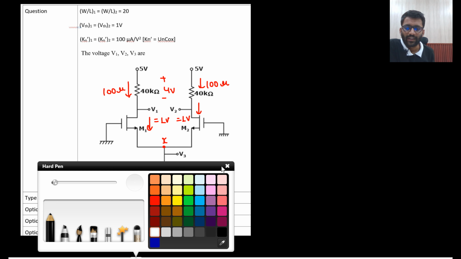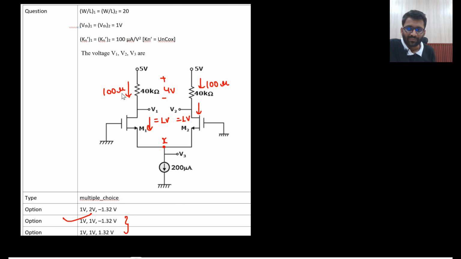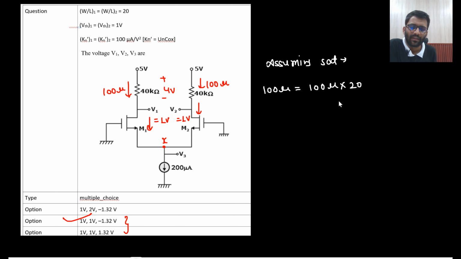Basically, you can find the value. How will you find the value? How much current is flowing here? 100 micro. What region of operation will you assume? Assuming saturation, 100 micro current is flowing, that would be equal to mu n Cox, that is 100 micro into W by L by 2, VGS minus VT whole square.